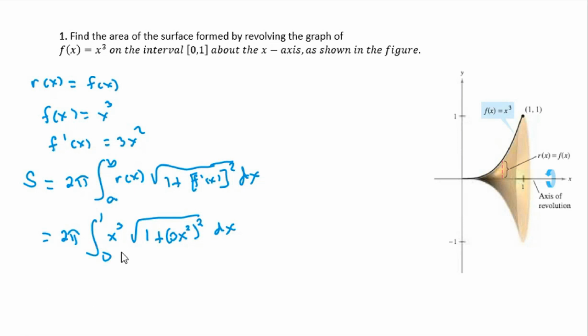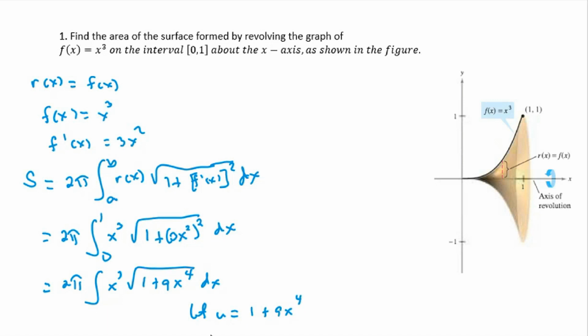Simplifying our radicand, we have 2 pi times the integral of x cubed times the square root of 1 plus the square of 3x squared, which is 9x to the power of 4, dx. From here, I will let u equal 1 plus 9x to the power of 4.